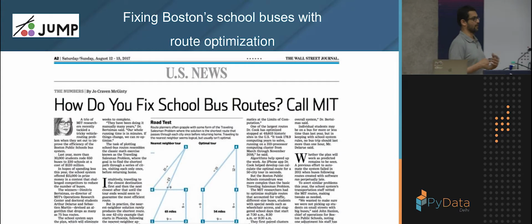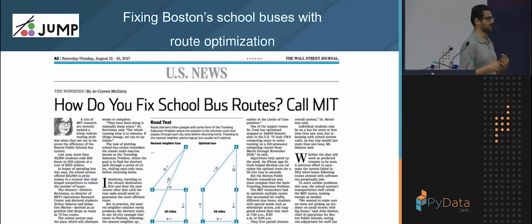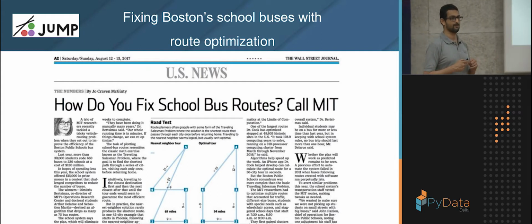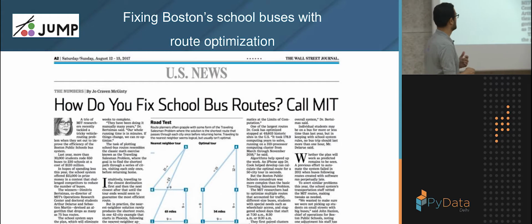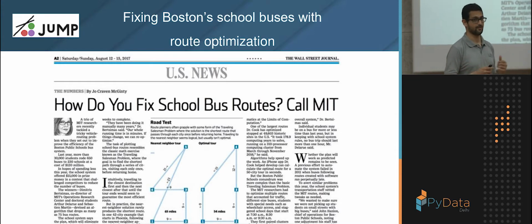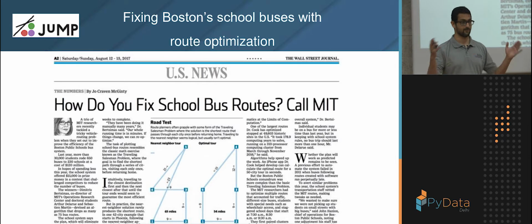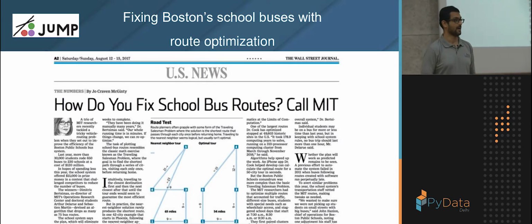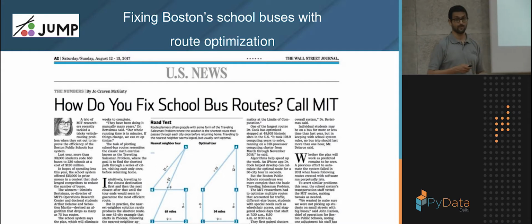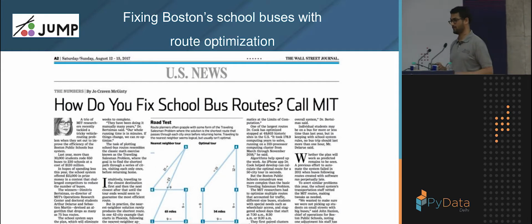There was a Boston school bus optimization challenge issued by the Boston public school system, and a team from MIT actually helped optimize the routes by using the JuMP package that I talked about earlier. It saved the school system about $5 million through the optimized bus routes, and the story was featured in the Wall Street Journal. So I think that was pretty impressive use of Julia there.